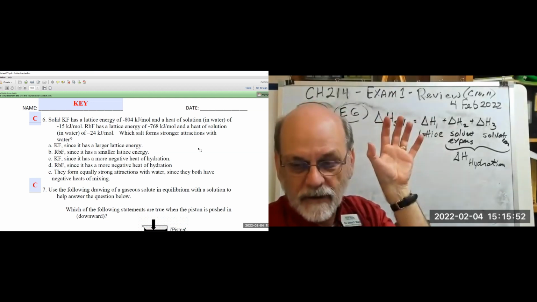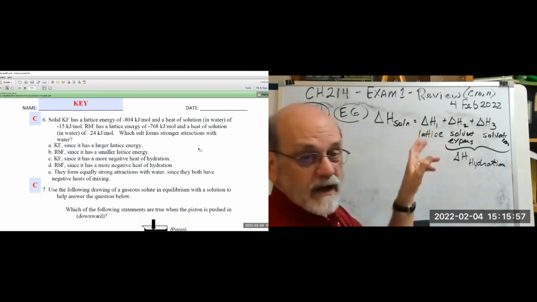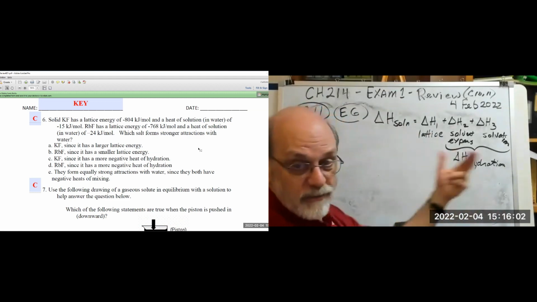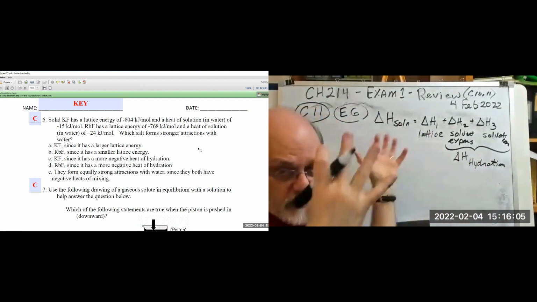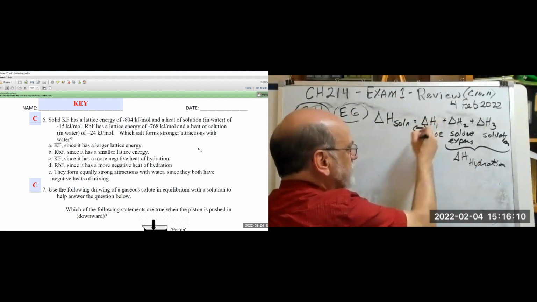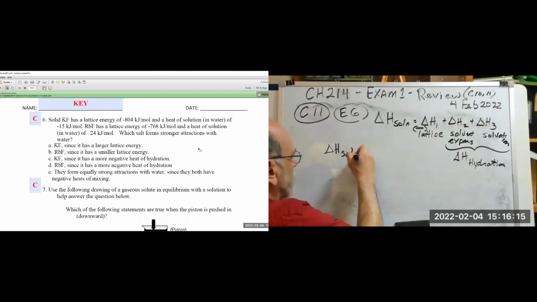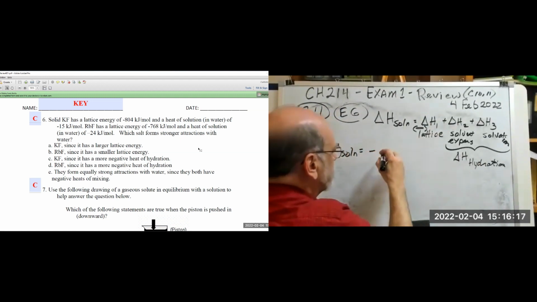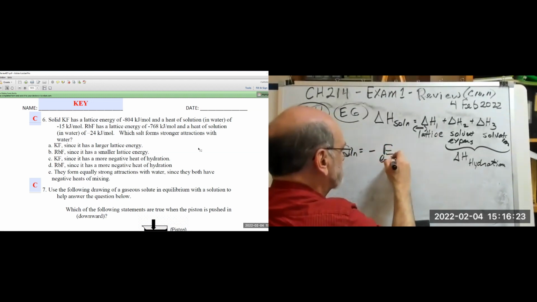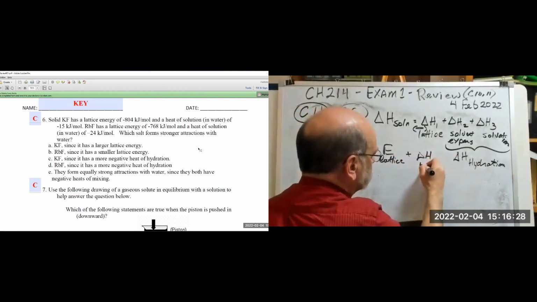But for this, we're putting energy in. So the value that we put in here, we need to use a negative sign. We have to change the sign because we're actually going the other direction. We're breaking it apart, not pulling it together. So the heat of solution is equal to the negative lattice energy plus the heat of hydration.